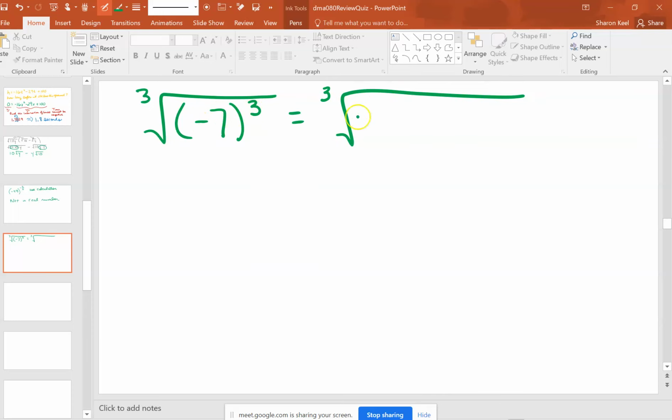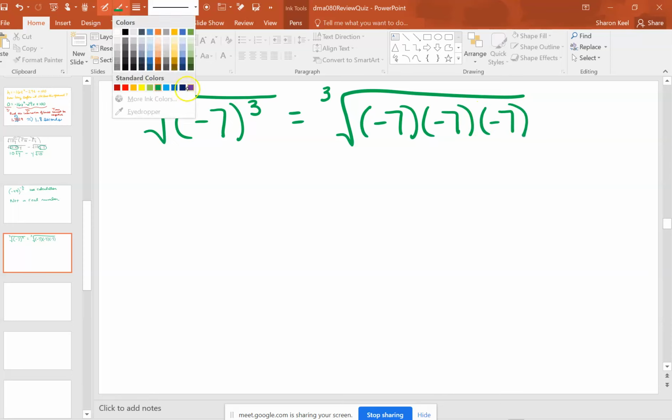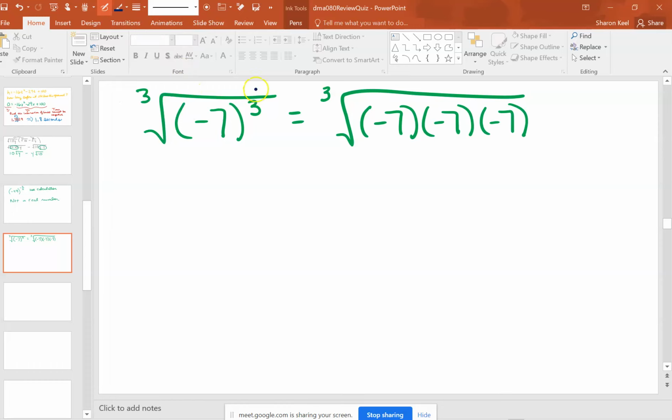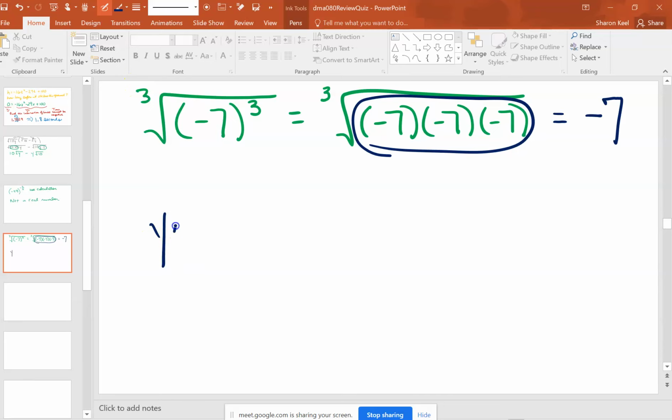Negative 7 to the third means that negative 7 is under the radical 3 times. In order for something to come out from under the radical, since it's an index of 3, you need 3 of the same. So my answer for this is going to be a negative 7. Yes, you can have a negative answer if your index is odd.